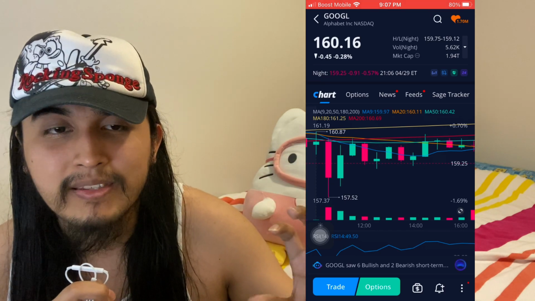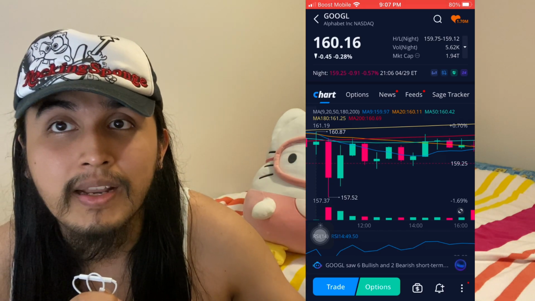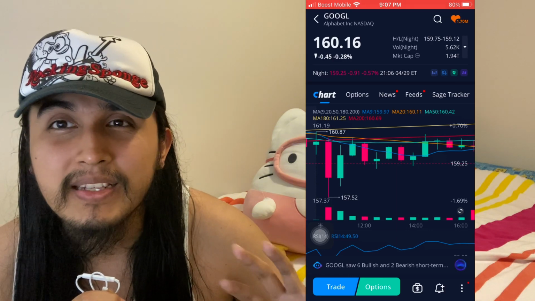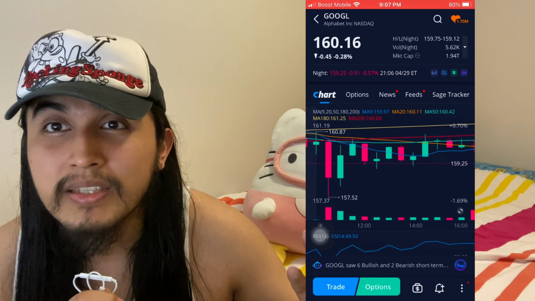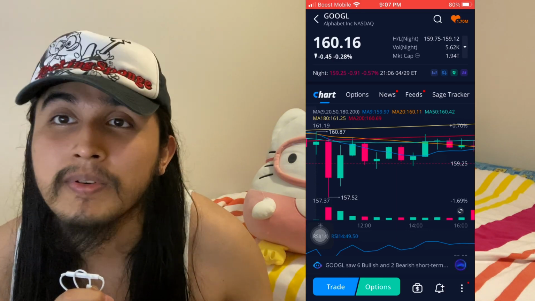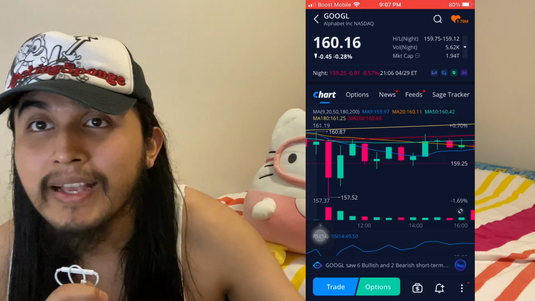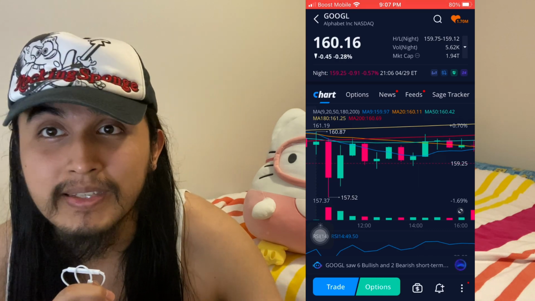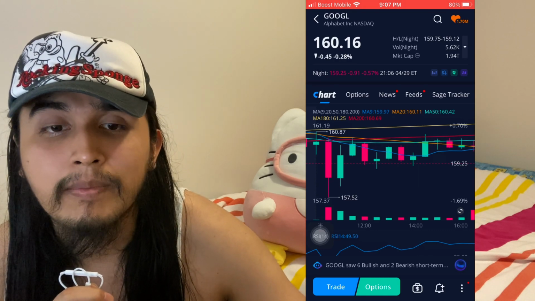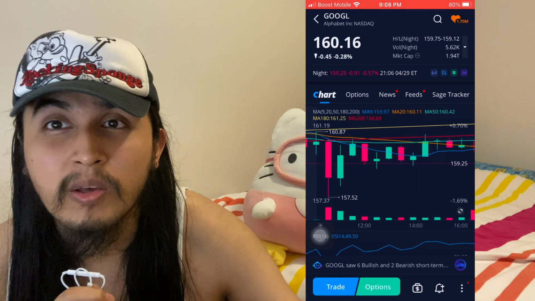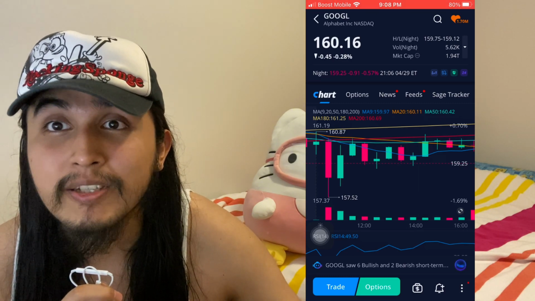Basically my max loss that I want my position to be down by is at most either down 10 or 20%. Usually that's my max loss that I want to take on a position. I do not want to take a bigger loss than those two percentages that I just mentioned.